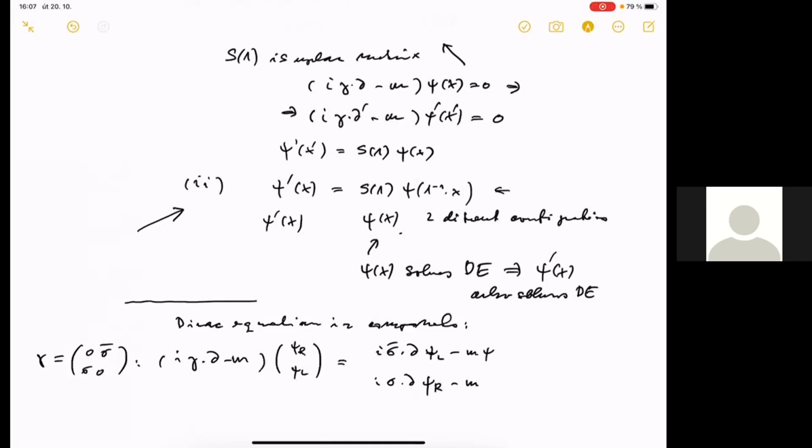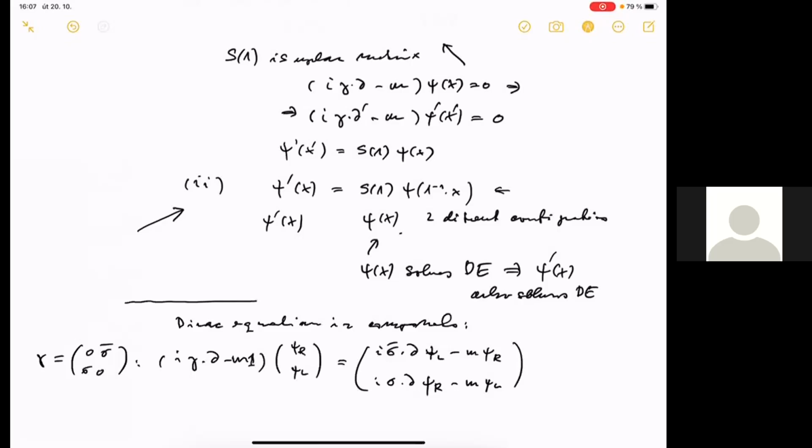Here will be psi R, and here will be psi L. Simply gamma matrices change L and R. They are off diagonal, while the unit matrix should be written here, doesn't change L and R.